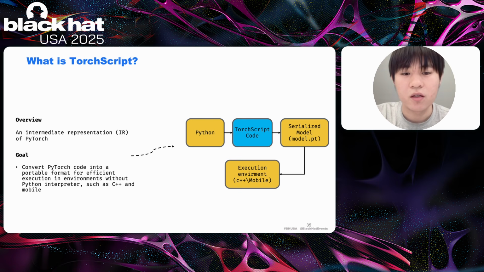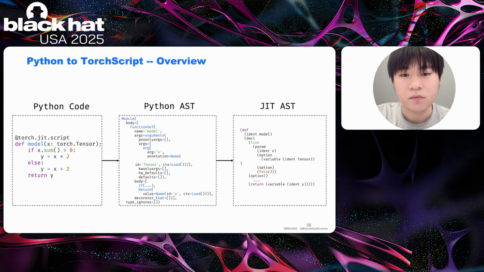The save and load process involves serialization. I will explain how Python code is compiled to TorchScript, the serialization and deserialization process, the structure of PT files, and finally how it executes.